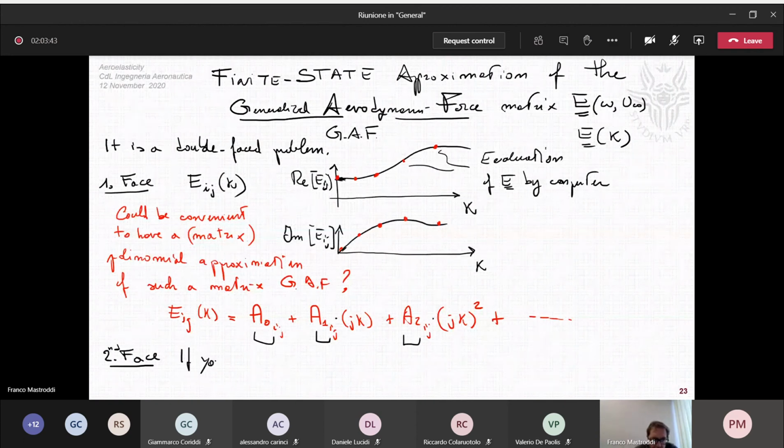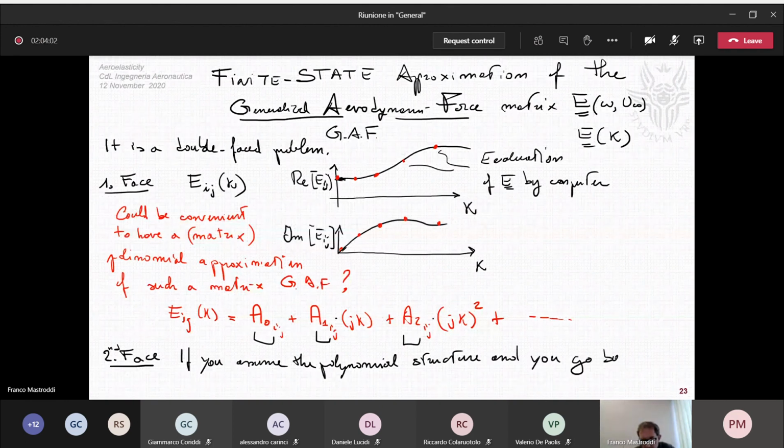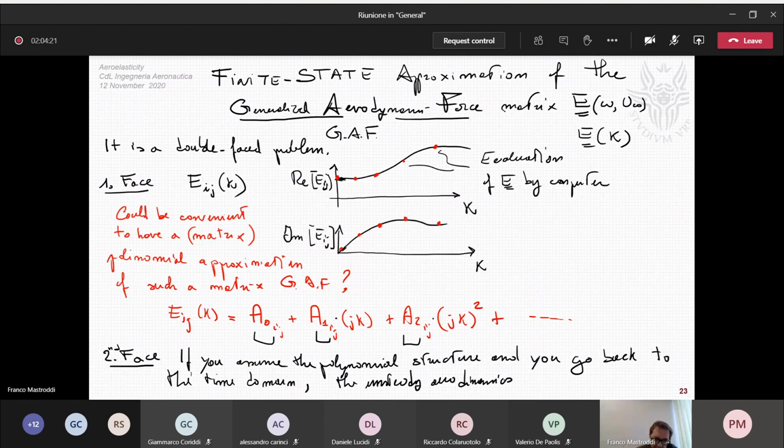If you assume this polynomial structure and you go back to the time domain, the unsteady aerodynamics is described by time derivative of the state, by time derivative of the state only.